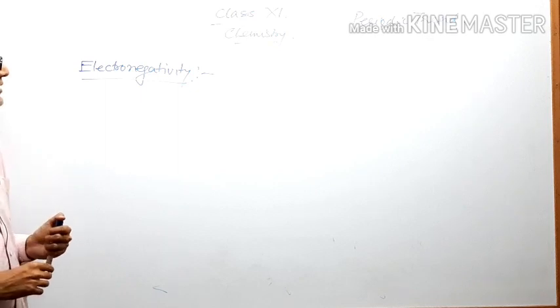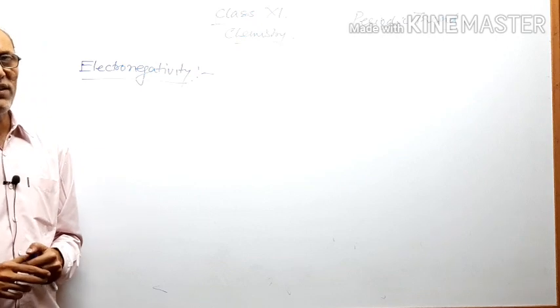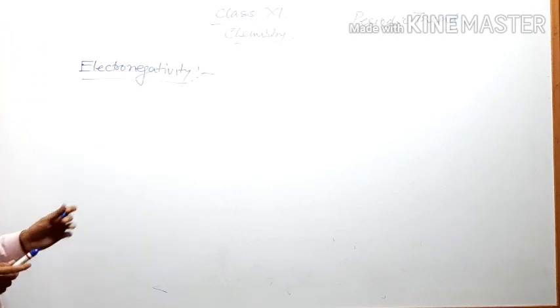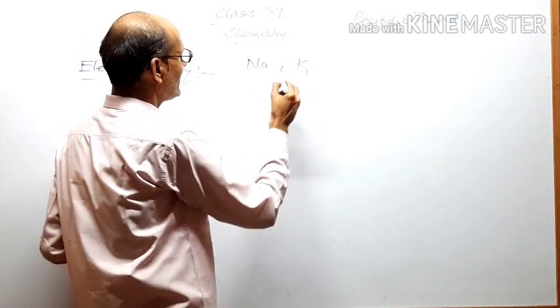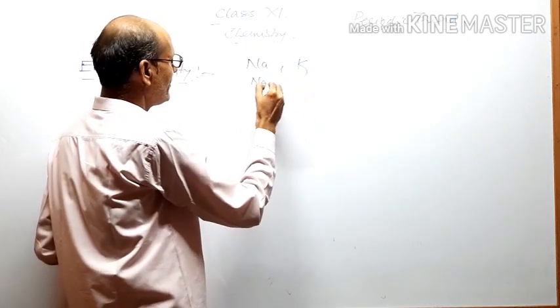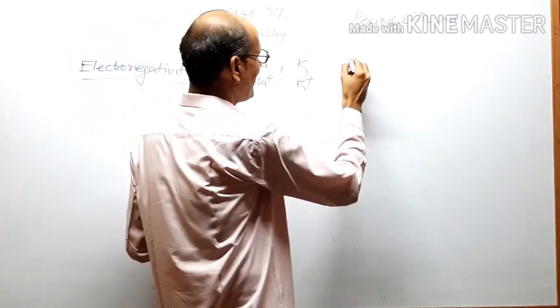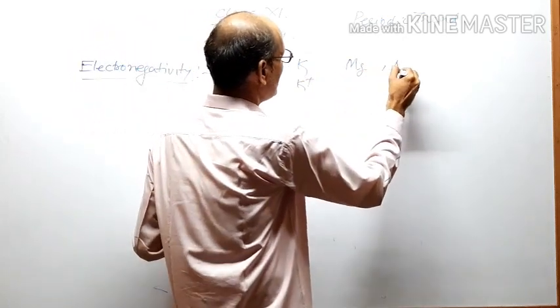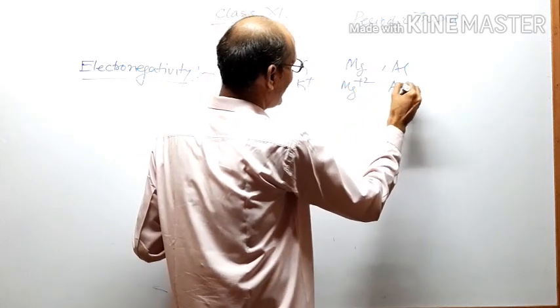As you know, some elements have a tendency to lose electrons, that means they lose electrons and form positive ions. Suppose you take sodium, potassium, they lose electrons and form Na positive and K positive. Similarly, magnesium and aluminium also lose electrons, forming Mg double positive and Al triple positive.